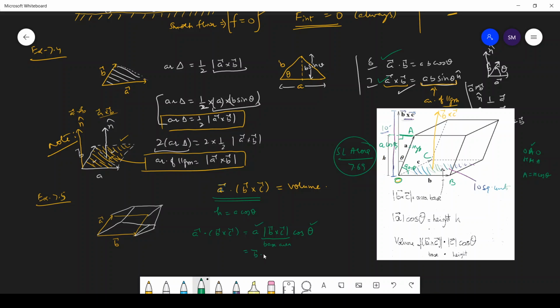So we can write it as base area into A cos theta. This is the height of the parallelepiped and this is the area of base. So what is area of base into height? Area of base into height is nothing but the volume of the parallelepiped. So hence A dot B cross C is equal to the volume of the parallelepiped.